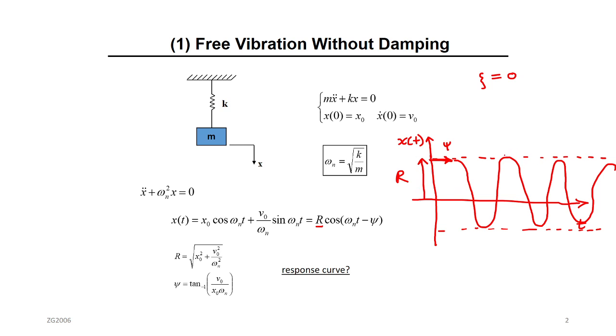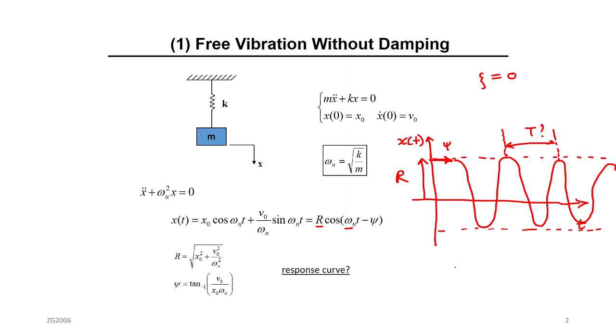What about, what do we call this from here to here? We call it the period. Do we know the period? We must know the period. Without the period, we cannot draw, right? How much is the period? The period depends on the frequency of the oscillation, which is your natural frequency.